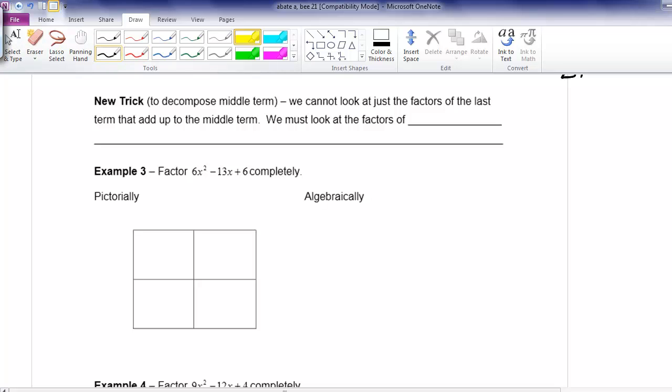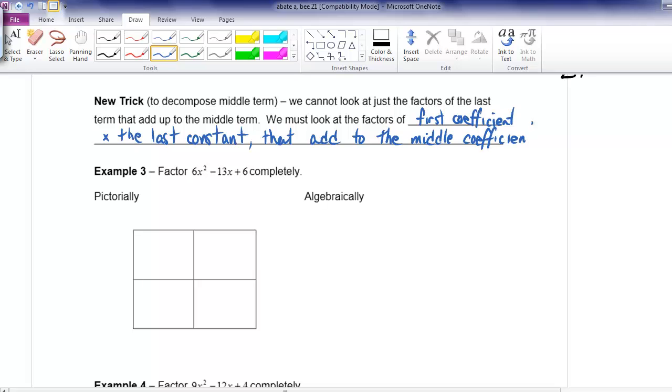We must look at, just to summarize what I just said, the factors of the first coefficient times the last number, or the constant, and then from that, we must look at the factors of the first coefficient times the last coefficient that add to the middle. Add to the middle coefficient. So that's what we've summarized above in my little trick.